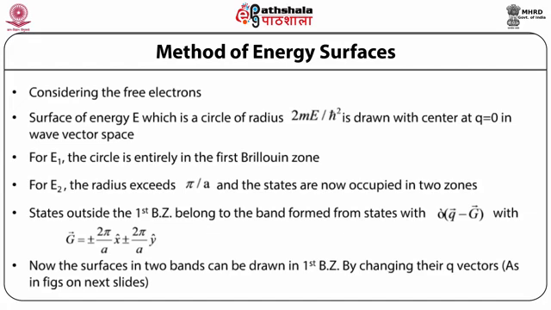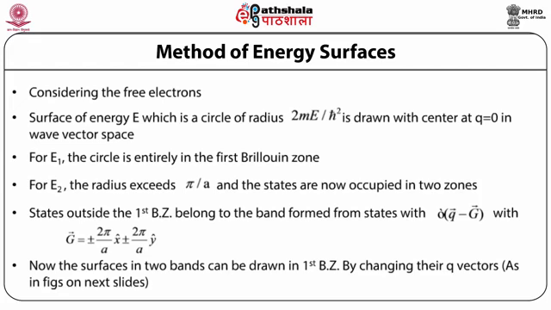Naturally, the radius will exceed pi by a, that is the edge of the first Brillouin zone, and this means that the states are now occupied in 2 zones, the first zone and the second one. The states outside the first Brillouin zone belong to the band formed from the states of this kinetic energy, where G is plus minus 2 pi by a x or plus minus 2 pi by a y.